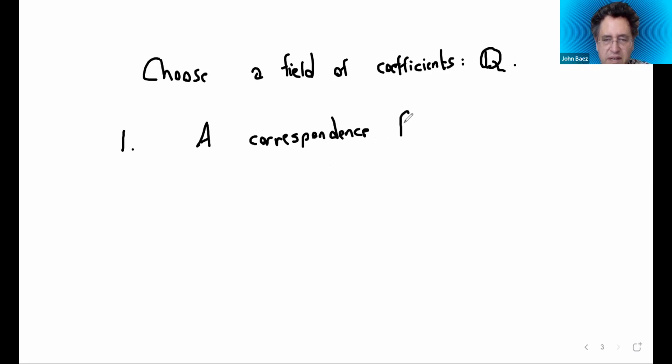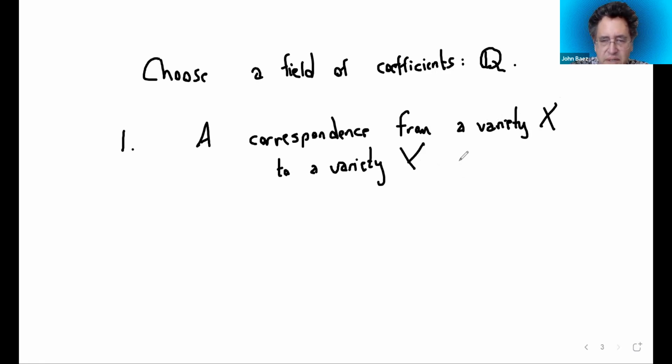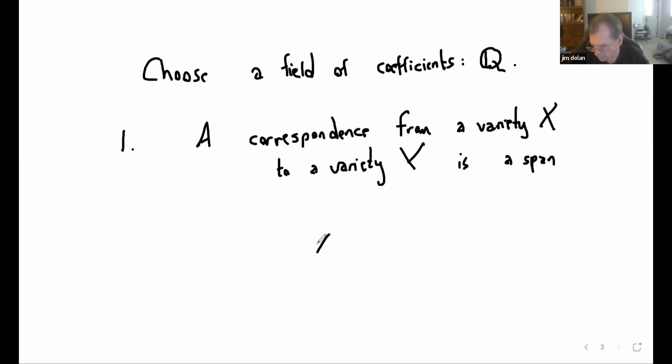So a correspondence from a variety X to a variety Y, and here I mean smooth projective varieties over our finite field, is a span of varieties.